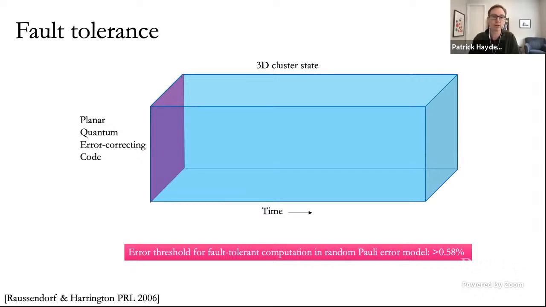And so this is one of the great virtues of this architecture. Notice again, it's been known for 15 years, that the threshold is actually remarkably high. And after their original paper, subsequent optimizations pushed the threshold up almost to 1%.